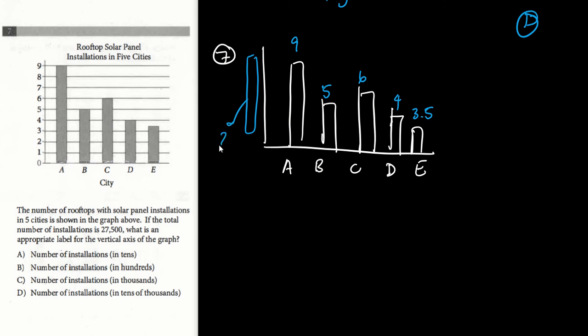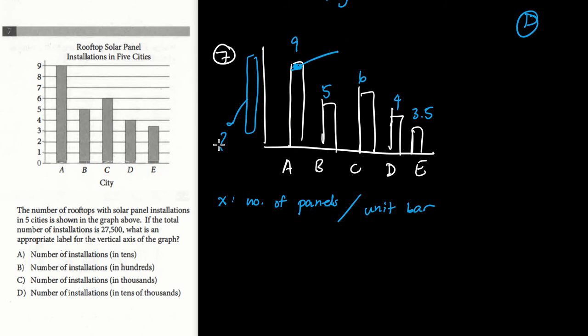Okay, so let's go ahead and give ourselves a variable to work with. Let's let X represent the number of panels per unit bar. Explicitly, what that means is how many panels is actually represented by one of these bars, right?